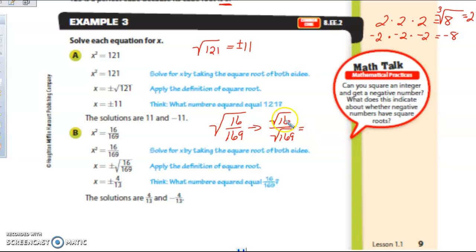So the square root of 16, well, I know that 4 and negative 4 are square roots. And I need to know what the square root of 169 is, and I happen to know that that's 13. And this can be a positive or a negative combination. So the solutions are positive 4/13 and negative 4/13.